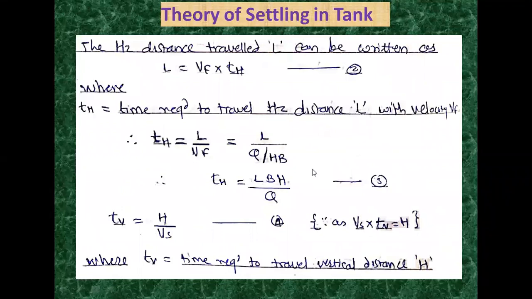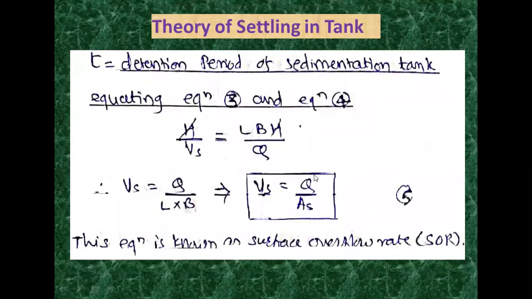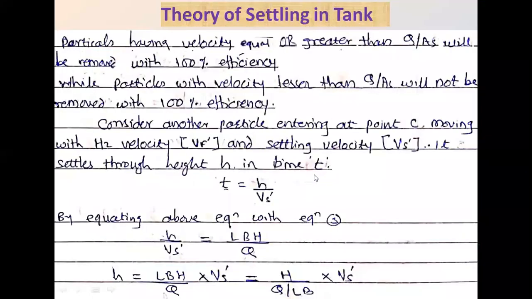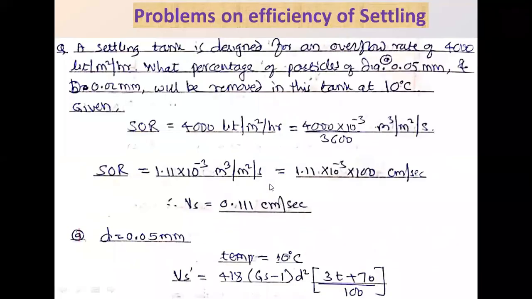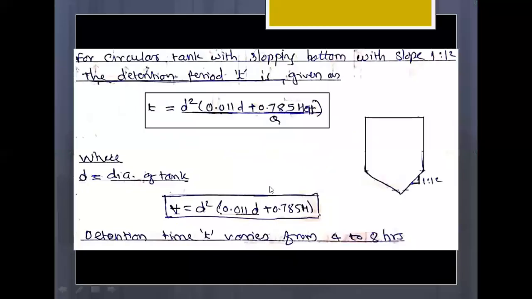Then what is the detention period, how to find out that, and how to find out the efficiency of settling with the help of this formula here. This is the formula to find out the efficiency of settling. And we have solved some problems here.